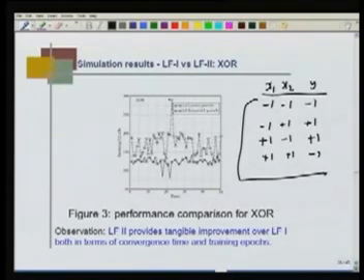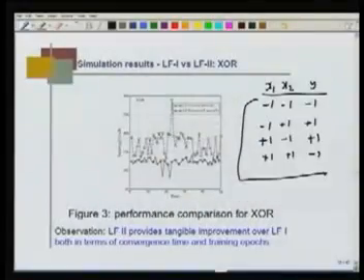Sometimes it also goes up to 300, and you can easily see the number of training epochs necessary to train an XOR function using LF1. That number of epochs is always a varying quantity, and there is a good deal of fluctuation, almost from 120 training epochs to 300 training epochs.